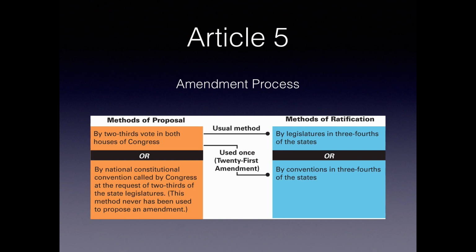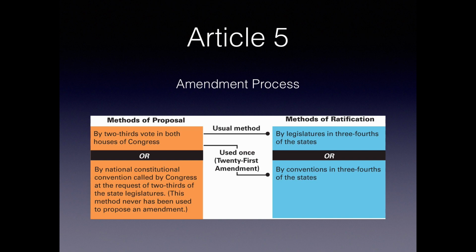So for proposal, either a 2/3 vote in both houses of Congress can propose an amendment, or Congress can hold a national constitutional convention, which is called by 2/3 of the state legislatures. Now, every constitutional amendment that has ever happened in the U.S. has happened because of the first option, a 2/3 vote in both houses of Congress. The second option has never happened since the Constitution.